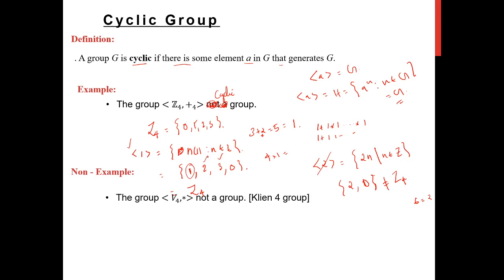Again, a non-example is the Klein 4 group. We define the Klein 4 group V4 as e, a, b, c. So four elements are there, and a star b equals c.